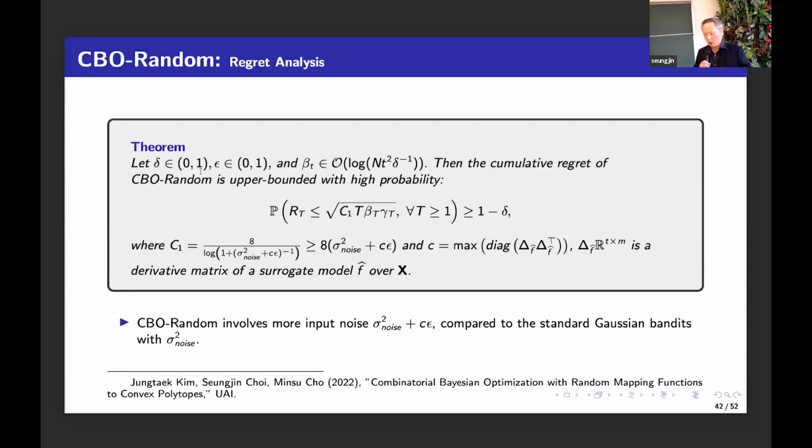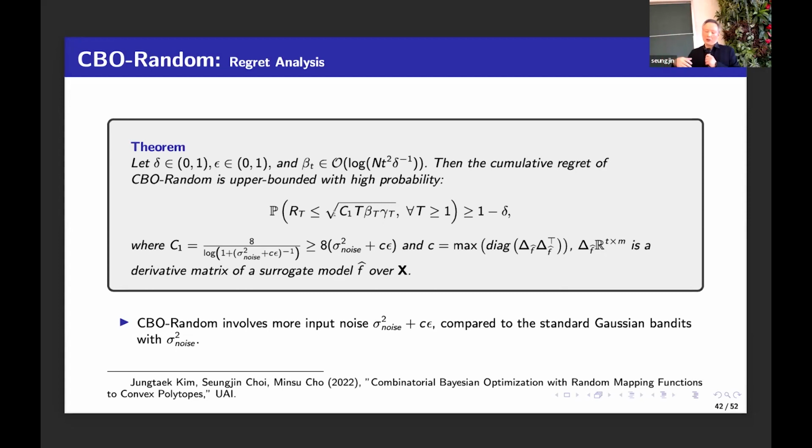And also, we were able to prove that even in our case, the regret is still sublinear.